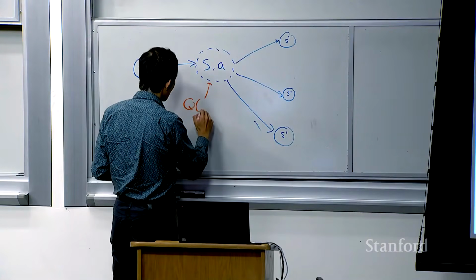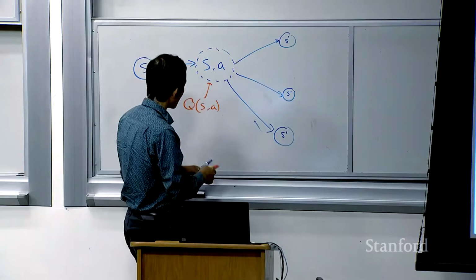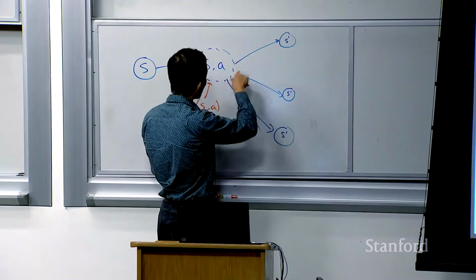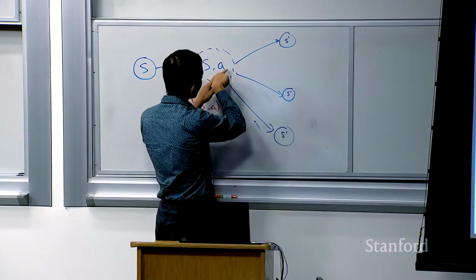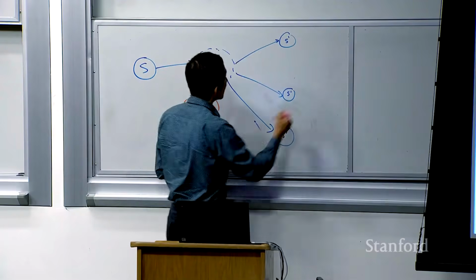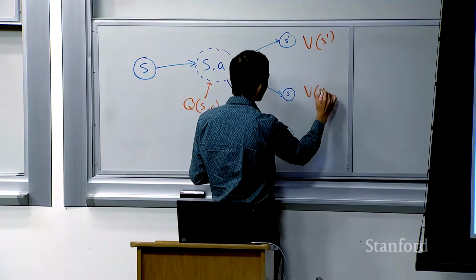So the Q value is a function of these chance nodes. I have a Q of S and A, and this is going to be whatever reward I pick up by taking this action and going somewhere, plus whatever value I'm going to pick up next.